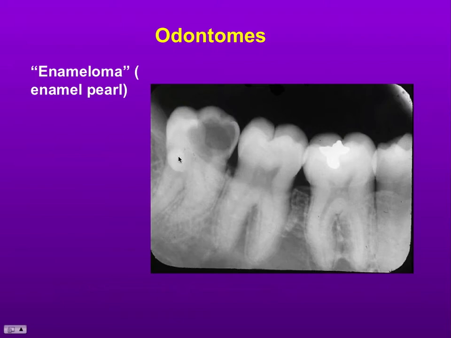In practice, if this is very superficial, as here, it can cause food packing, plaque retention, and you can get local periodontal disease. Beware, however, of cutting this little enamel pearl off, because almost always there will be a small projection of the pulp into this pearl, and you can expose the pulp very easily. In this particular example, of course, I think it's academic, because I think we'd be taking this tooth out, wouldn't we?